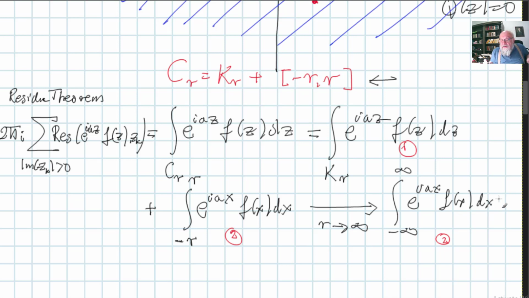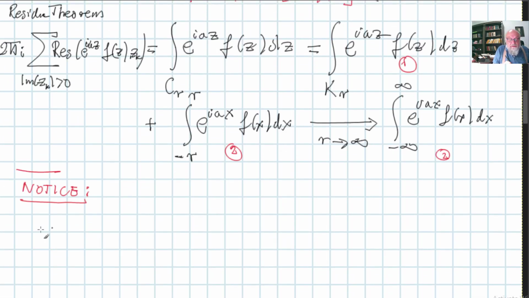So let's find out what is happening to the first integral.